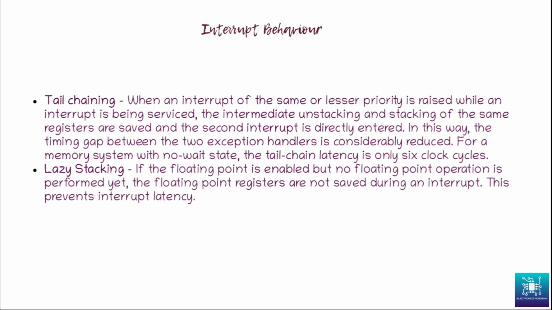Coming to tail chaining. It is an interrupt behavior where suppose you have an interrupt of some priority executing, and another interrupt comes which is of the same or lesser priority than the interrupt that is currently executing.